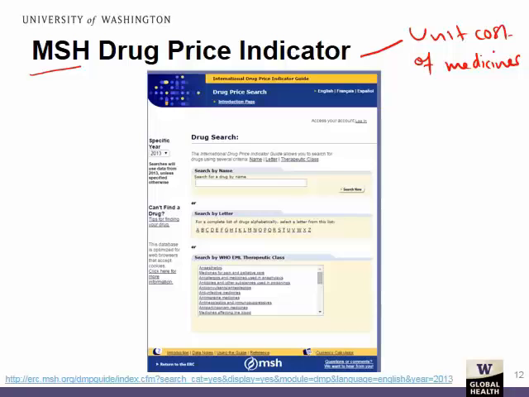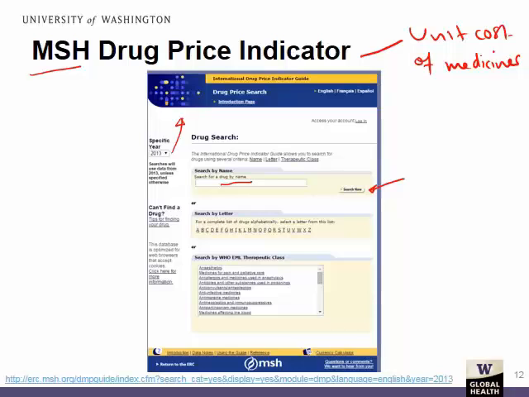Essentially, you can search a drug by name, just put the name here, or by therapeutic class, and if you click on show here, it will give you the unit cost, a price of the drug, and you can also select for the year. So if you are looking for cost estimates, you can actually use these cost estimates.